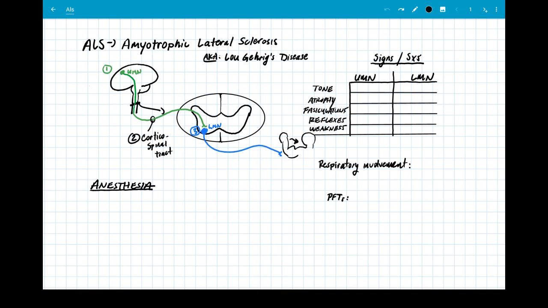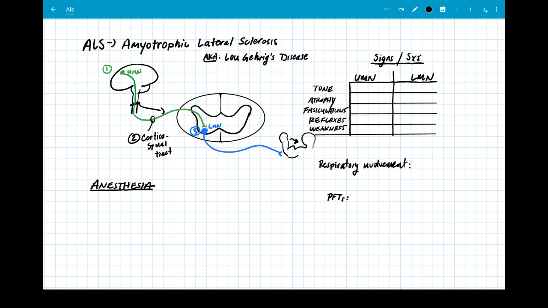Amyotrophic lateral sclerosis is a disease of both upper and lower motor neuron nerve degeneration. So I have here in green upper motor neuron number 1, which can be involved in the cortex and can also be involved, circled in 2, in the corticospinal tract.